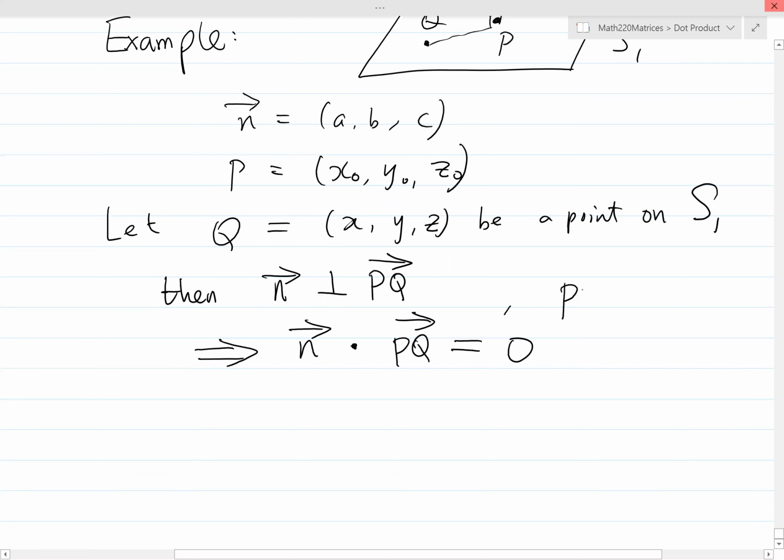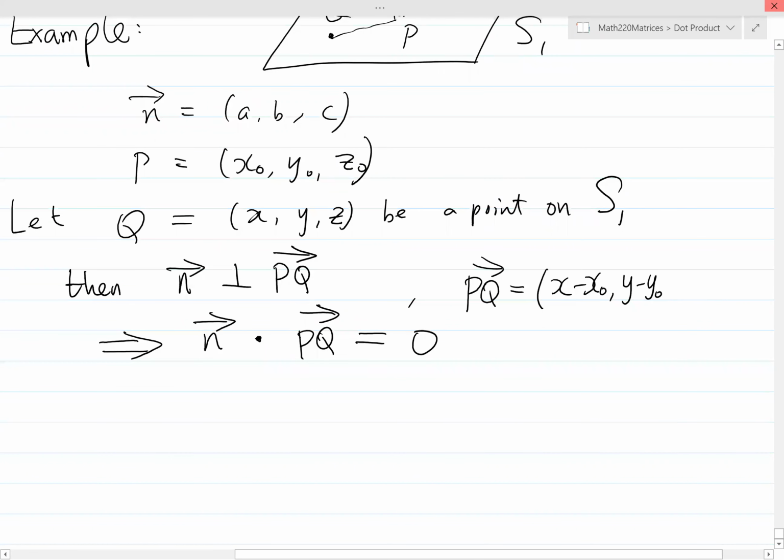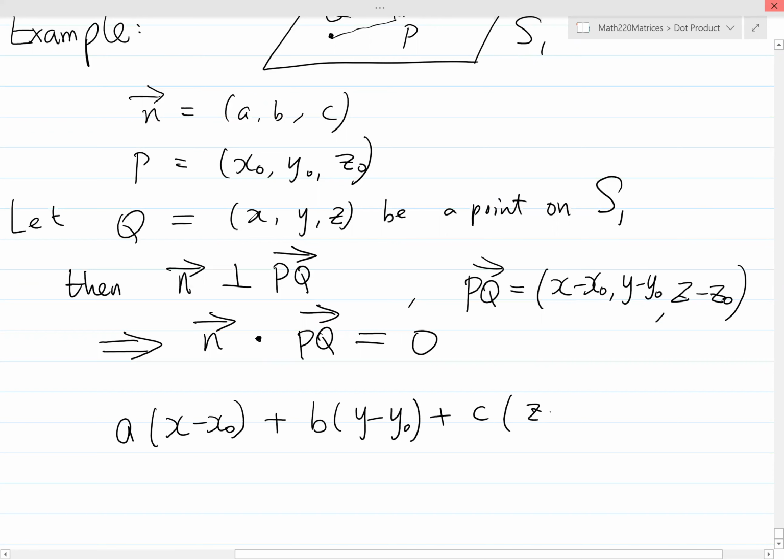You can write down PQ as head minus tail: x minus x0, y minus y0, z minus z0. The dot product is a times (x minus x0) plus b times (y minus y0) plus c times (z minus z0) equal to 0.